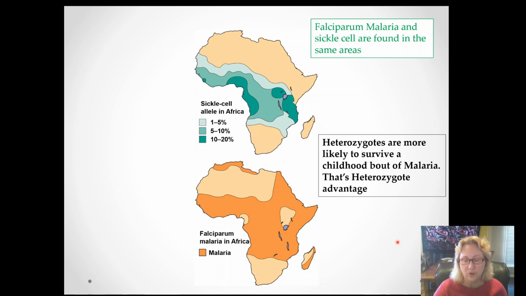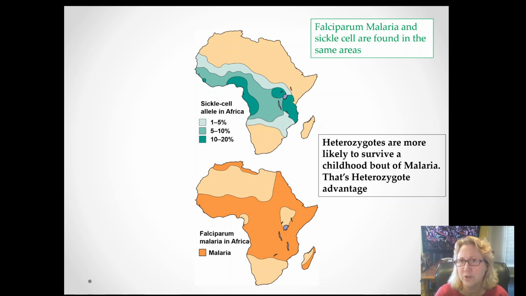Now if this is true from a natural selection point of view, that heterozygotes have an advantage only in places where there's malaria, well, what about people whose ancestors are from this area, but who no longer live in malaria areas, like African Americans? We haven't had malaria in the United States for over 100 years.